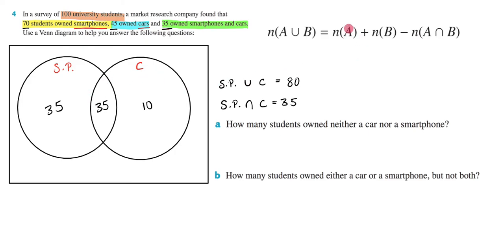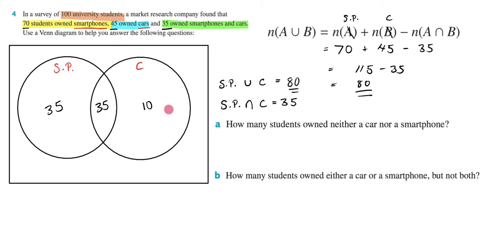Let's say that A is my SP group, and B is my car group. We know that there are 70 people in my smartphone group, and 45 people in my car group, and we're going to minus the intersection, which is 35. So that's 70 plus 45, which is 115, minus 35, which is equal to 80.